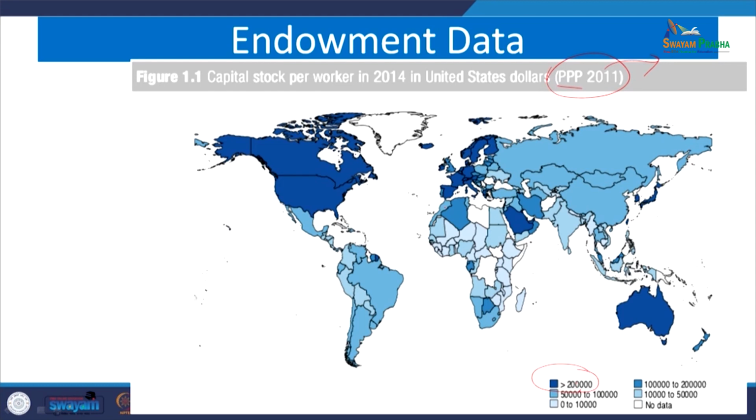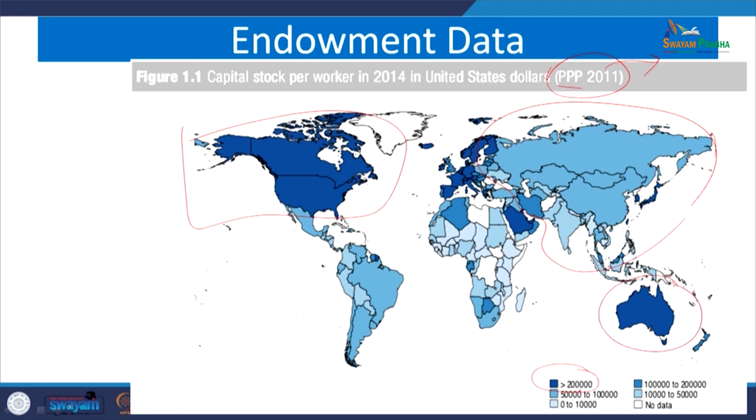So, these are not purely absolute numbers. These are expressed in purchasing power parity numbers. So, therefore, these are comparable. What we observe here is that the United States has huge capital stock. If you compare the northern part with this extent, even including India and China, these have relatively lesser capital stock than that of the United States.